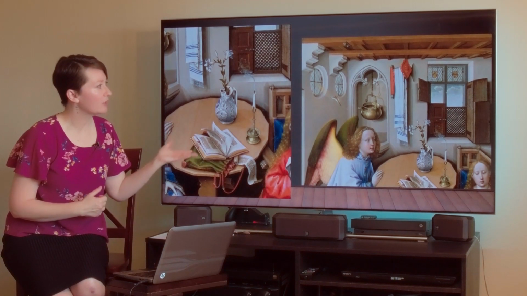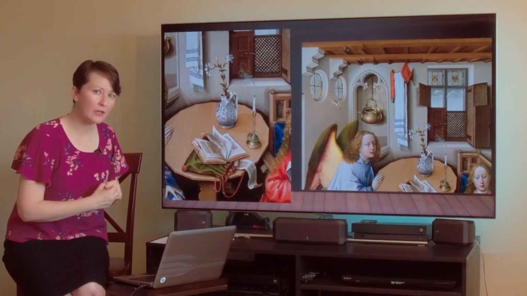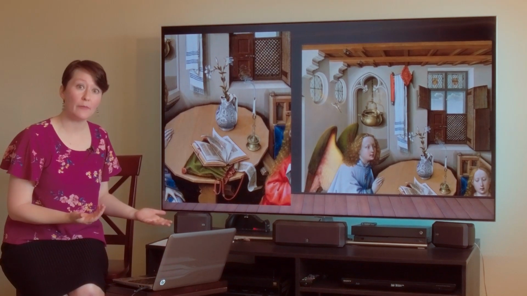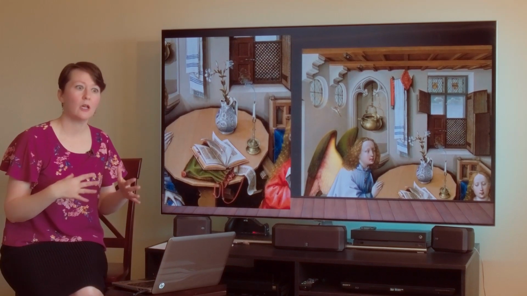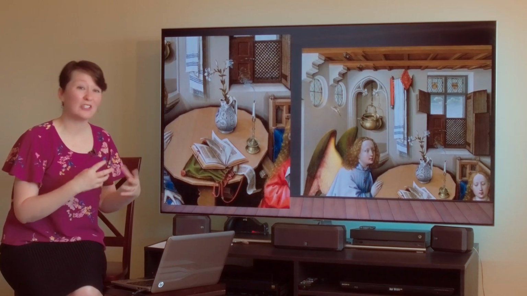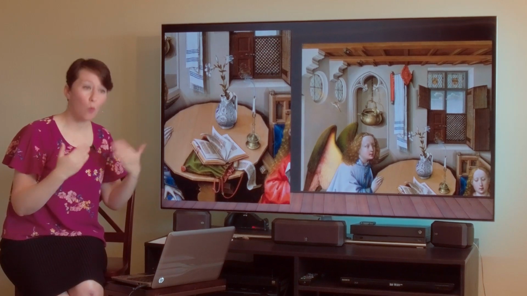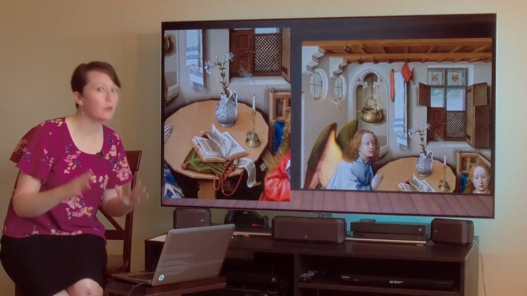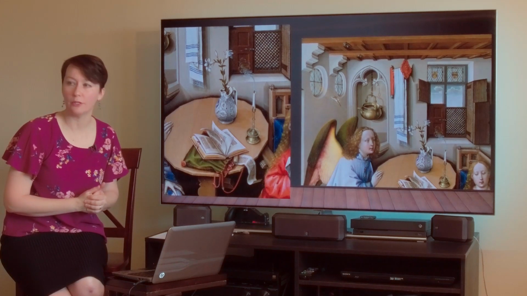Well, a shiny kettle or vessel like that is often a symbol for the Virgin Mary, as she was a pure, clean vessel for the Son of God, okay? The fact that it's holding water, and water is very cleansing, the washing of the water of the Word, that kind of thing. That's another symbolic metaphor, if you will.